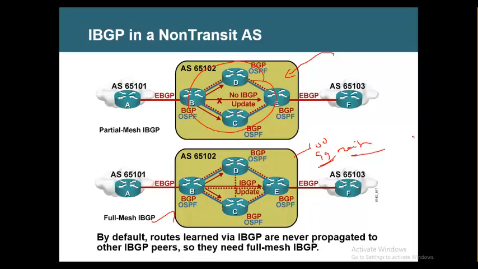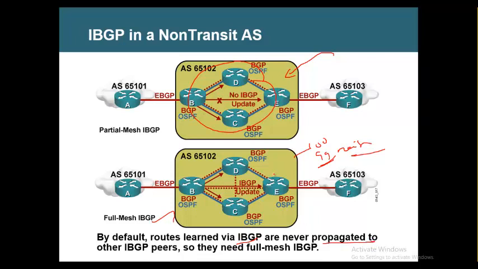Now, what is BGP's own solution for this problem? To avoid full mesh, you can create small sub-autonomous systems inside this autonomous system, so that you will have lots of eBGP inside the autonomous system. See, this rule is: a route learned via an IBGP is never propagated to another IBGP.